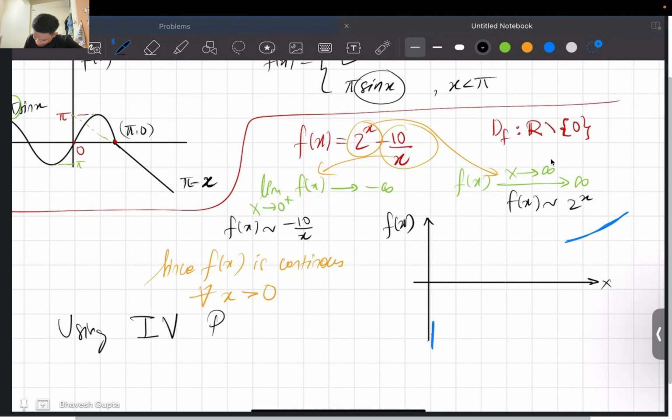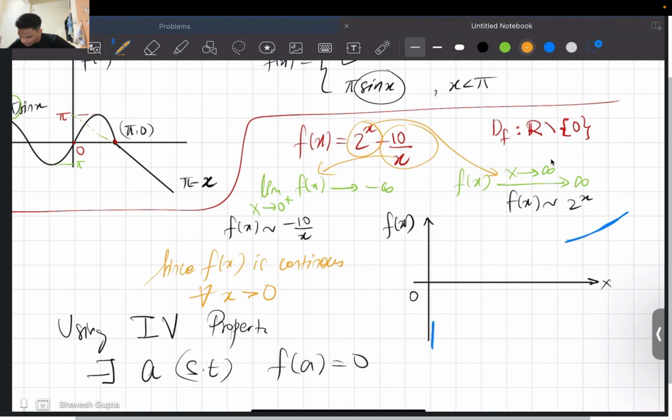Okay, IV property. There exists a such that my f of a is 0, right? Because if my function is continuous, I know it behaves in this fashion. I know this limiting behavior. That means somehow in between there's something happening, right?